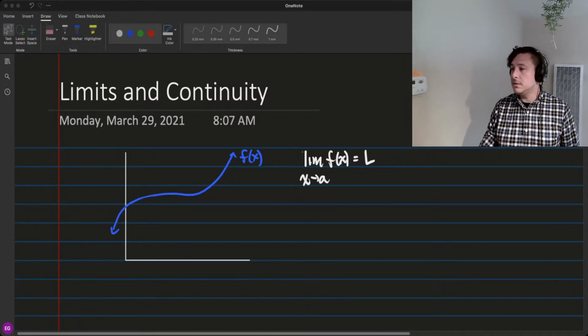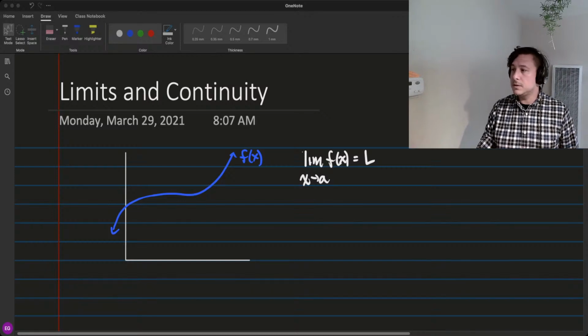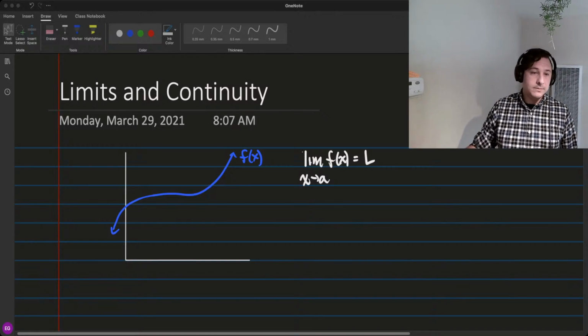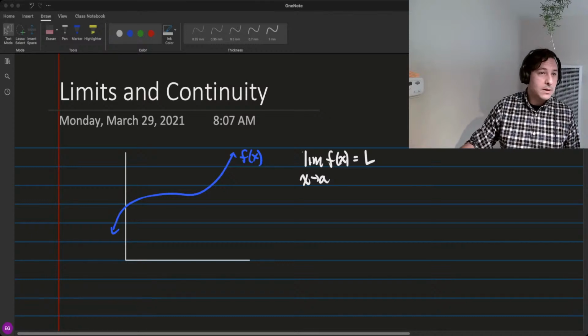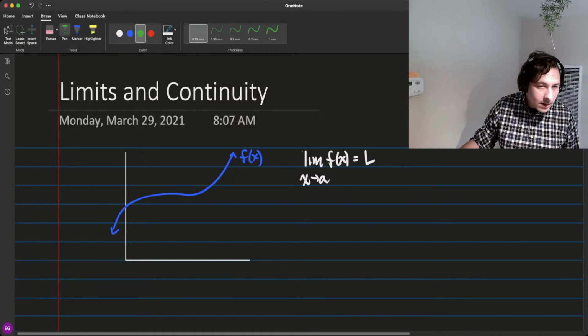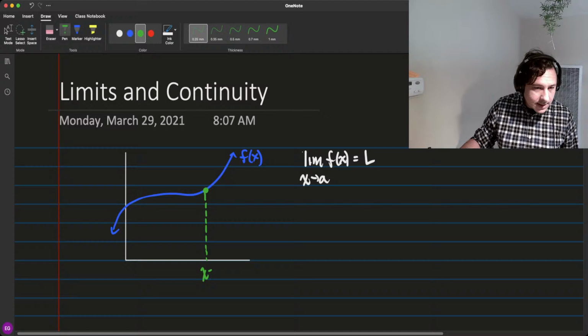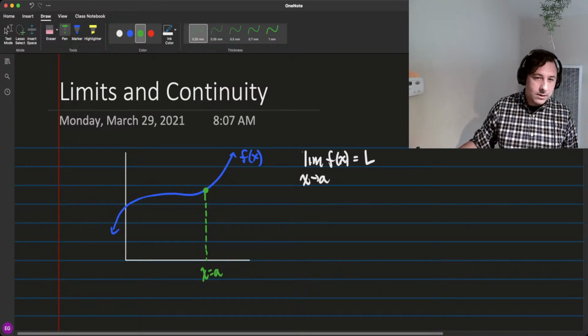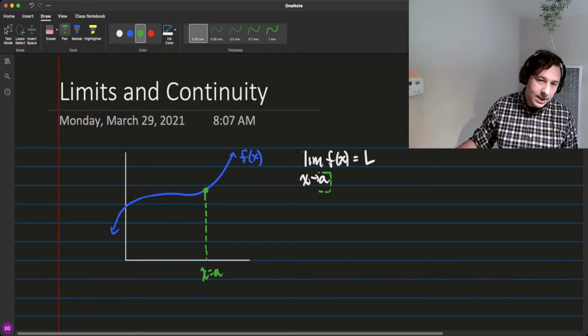Woo woo. There we go. So we have our point. Let's say our point is right here. That's where x is equal to a. And that's why you have this value right here, right? x is going to a.